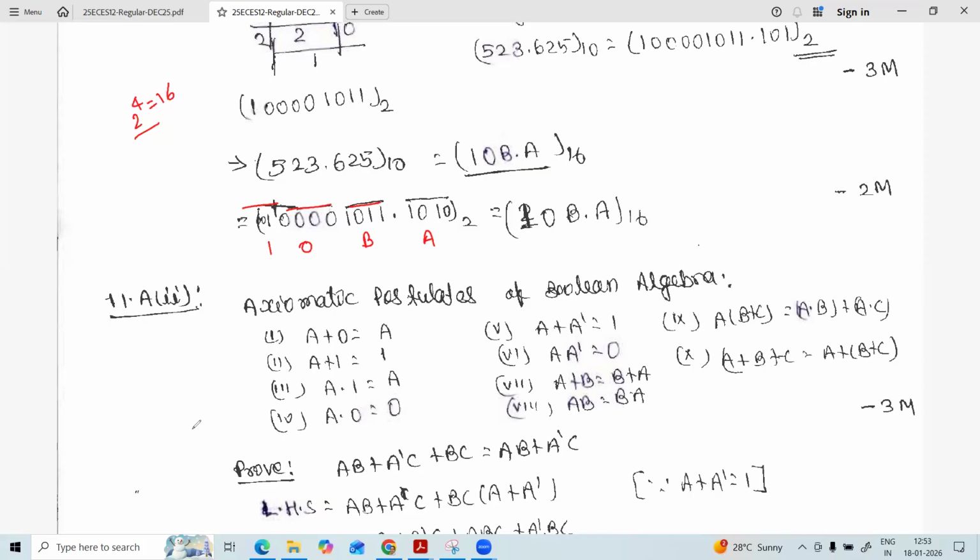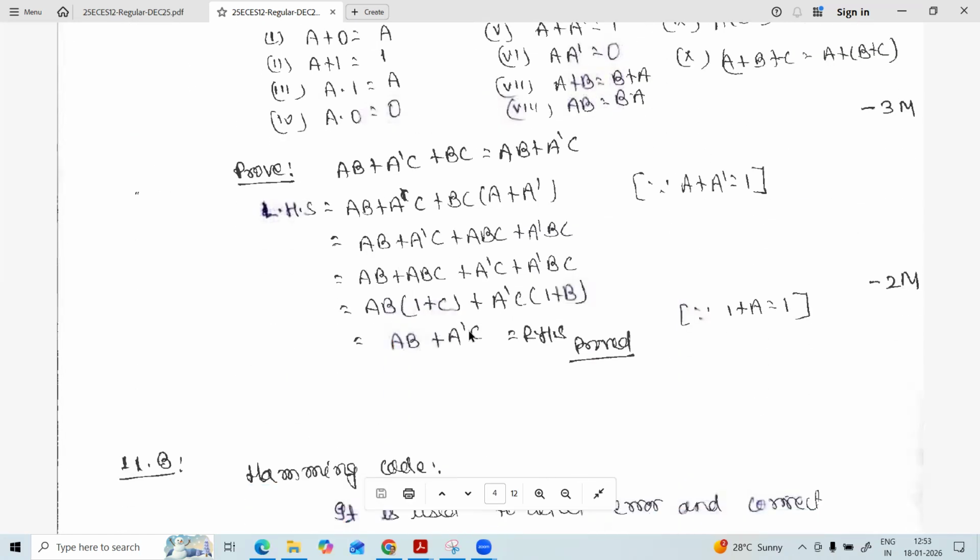For that, the important postulates we are going to use are A plus A dash is 1, as well as the distributive properties. We have to use these concepts to find the appropriate result. In this, we have used A plus A dash is 1, and 1 plus A is 1. This is the OR gate. Like this, we are able to simplify this.